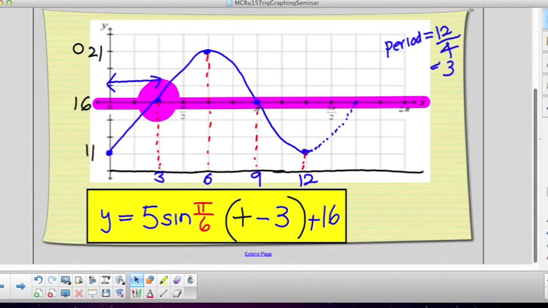Then I took my period, divided the period into 4 key components, figured out what my x-coordinates were, connected the line, filled out all the information that I already knew, my amplitude, my k term, my vertical shift, and by drawing the graph, you finally figure out your horizontal shift.